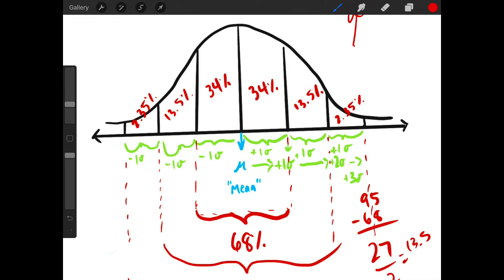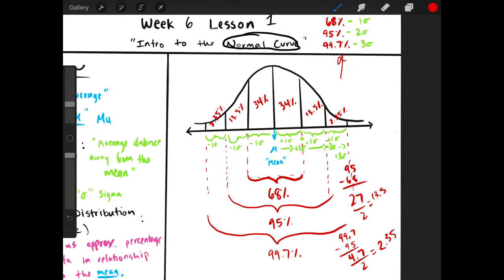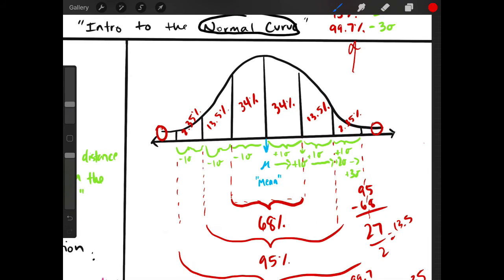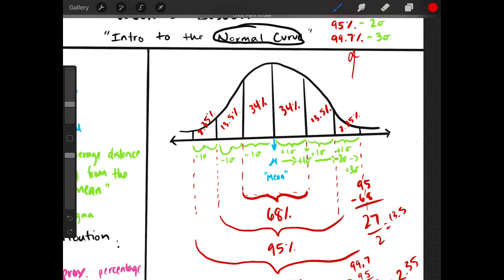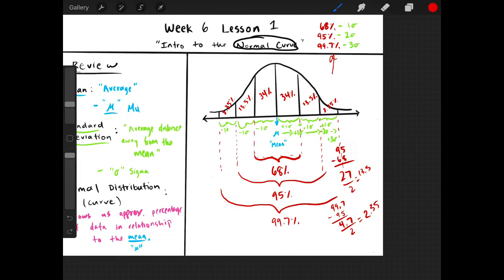The last thing that we want to do is fill in this entire piece. We want to know every single piece. So we need to do those last 2 pieces, the very end tails of our graph. The way we're going to do that is, what we know is this entire curve here has to represent 100% of our data. All we have up till now is 99.7% of our data.